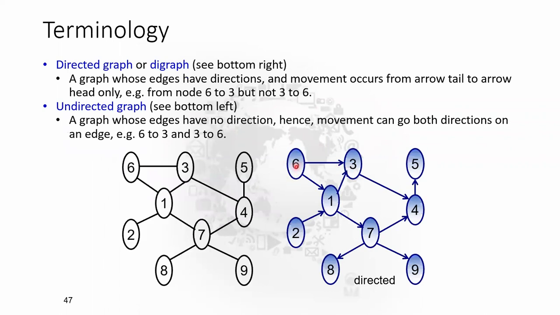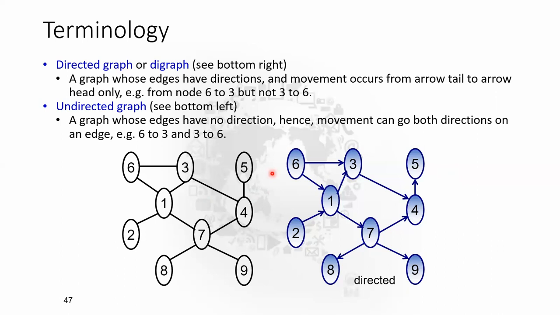So this 1, 6, 3, 5, 1, 2 are all nodes here. And the arrows and the lines that connect two nodes, we call edges. The one with the arrow, we know as a digraph or directed graph, which has directions that you need to follow.